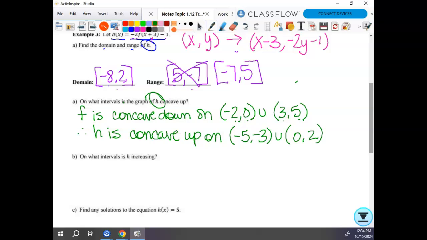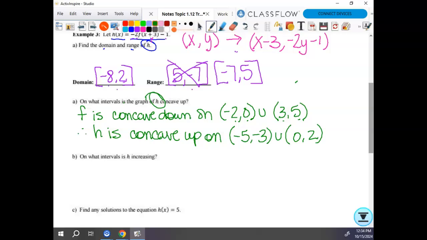I wouldn't count it wrong. Technically, it's not wrong. With concavity, if you include it, then it is wrong because you can't be concave up or down at the point of inflection. So to me, the easiest way for y'all to remember it, if we're talking about increasing or decreasing or concavity, just leave them all open and don't overthink it because it does get confusing. All right, good question. What else you got?